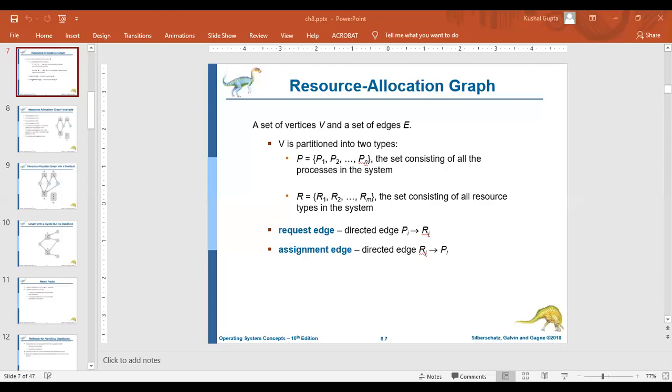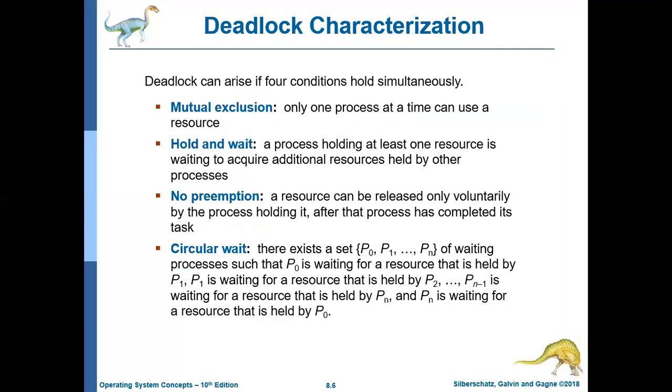So in the last class, we were discussing the resource allocation graph. Previous to that, we discussed the characterization, four necessary conditions for having a deadlock. We discussed that if we can break any one of those four conditions, then deadlock will not happen.